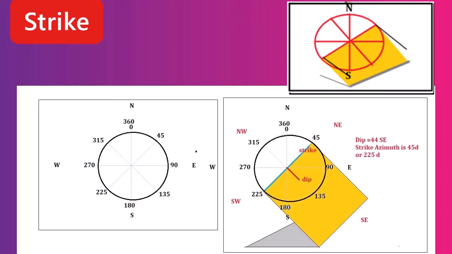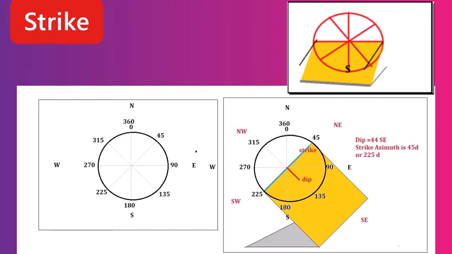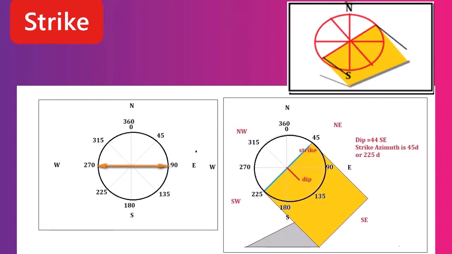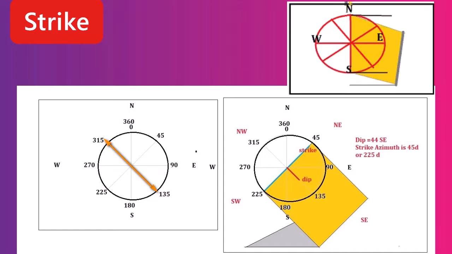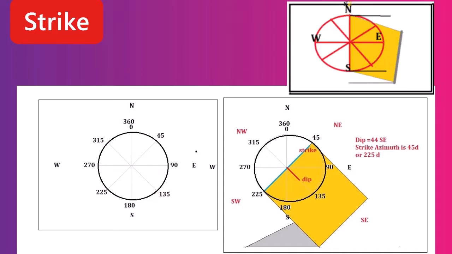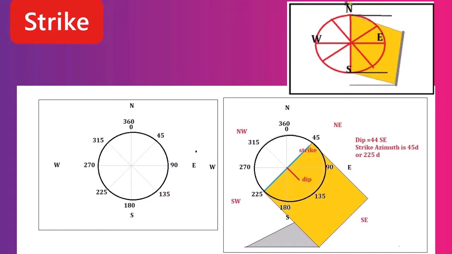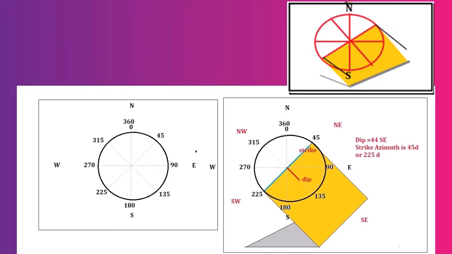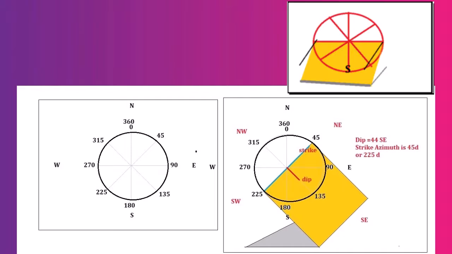The azimuth of a strike may vary between 0 to 360 degrees in the horizontal plane. If the azimuth of a strike is 0 or 180 degrees, then the direction of the strike is north-south.